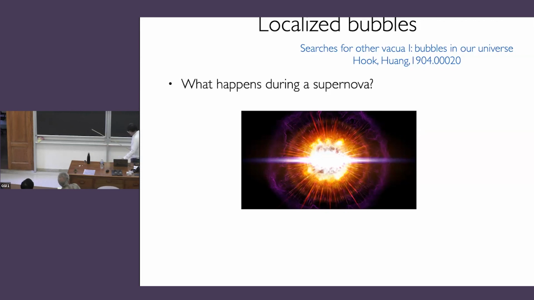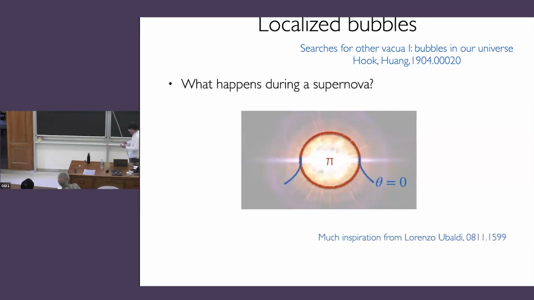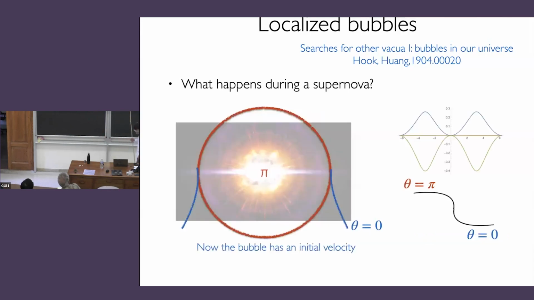If there is this domain wall structure of axions outside this dense object, then the shock wave is going to take them out. And well, Lorenzo is not here, but I want to thank him for the inspiration. So this domain wall will be taken out by the shock wave, and this object will go out to a much larger region. And crazy things are happening in this region because all of this region has theta equal to pi.